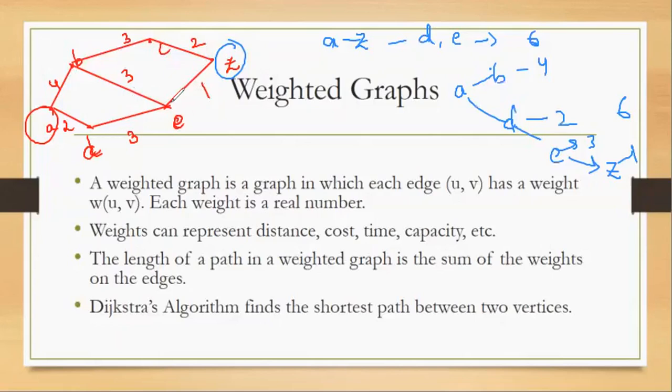Okay. This example is illustrating the basic principle of the algorithm from A to Z. Now we will consider the general problem of finding the length of the shortest path between A and Z in an undirected, connected, simple weighted graph.